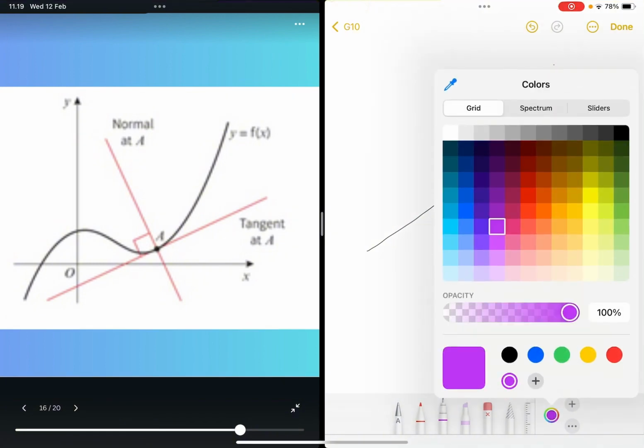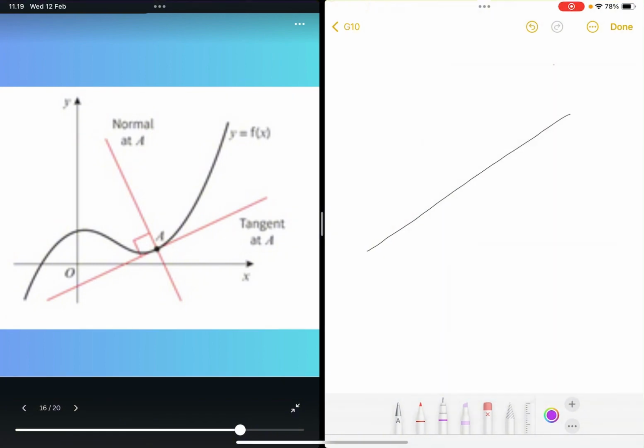Remember, perpendicular means 90 degrees. This line, the purple line right here, is what we call the normal. This is the normal, while this is the tangent.